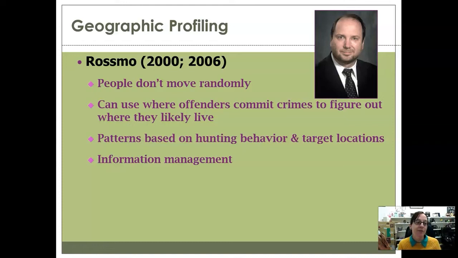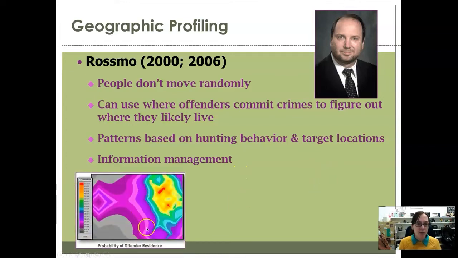Again, I'll say it again: while most criminals are not serial in nature, most crime is. We have a high proportion of offenses committed by a small proportion of offenders. And so while this wouldn't be useful to solve every crime, it's going to be useful to solve the majority of crimes, or at least to help in that investigation process.